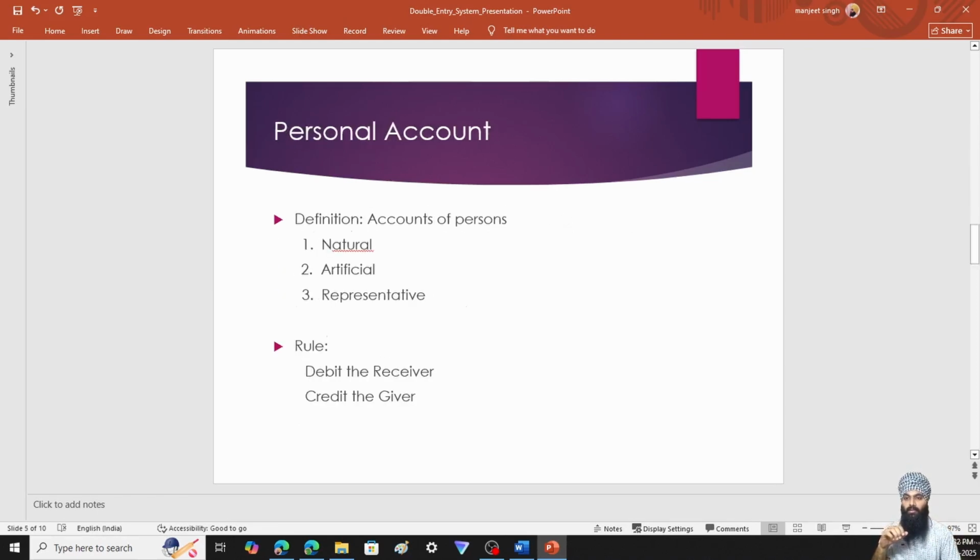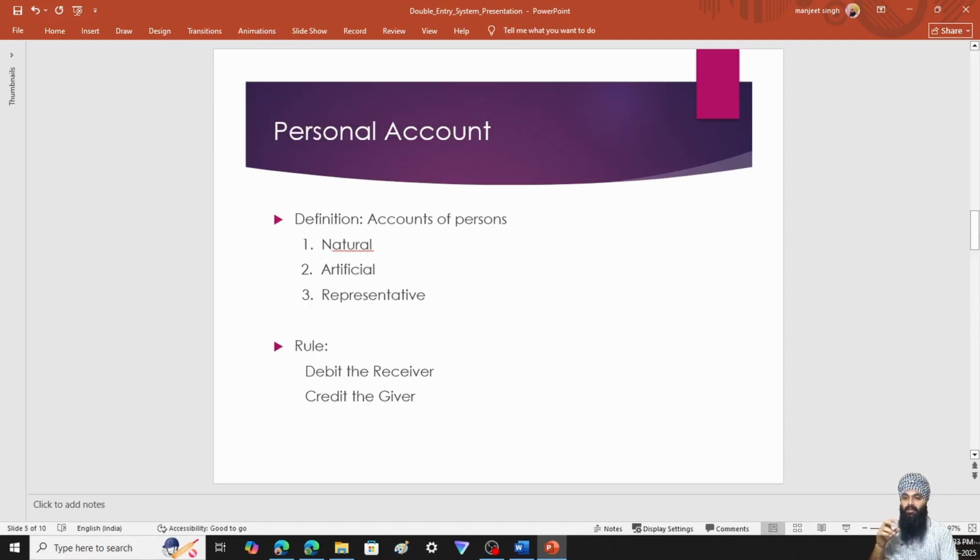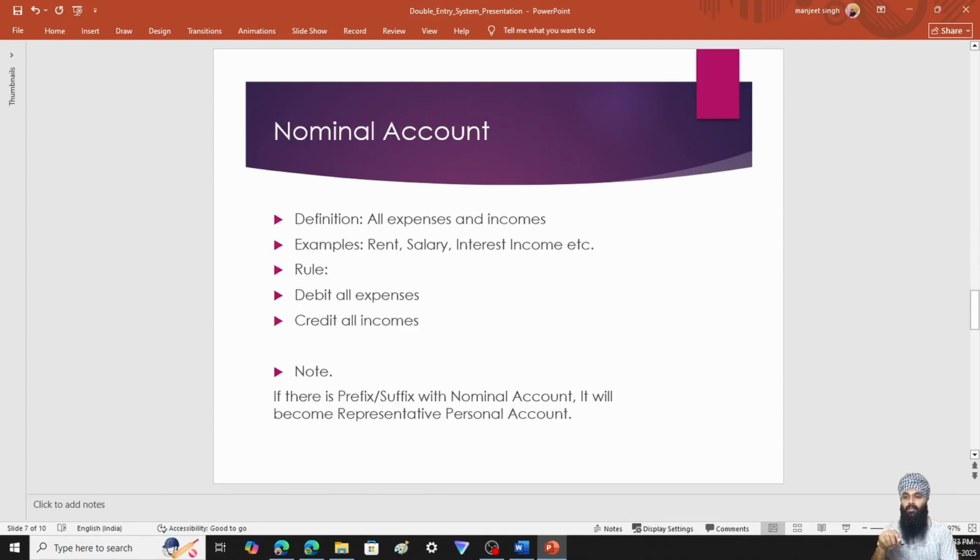Now let's go to the third account, which is the nominal account. What is a nominal account? It's a simple account: all expenses and income come under the nominal account. And the rule of a nominal account is: debit all expenses, credit all income. Earlier we discussed the representative personal account. It's linked to the nominal account. How?